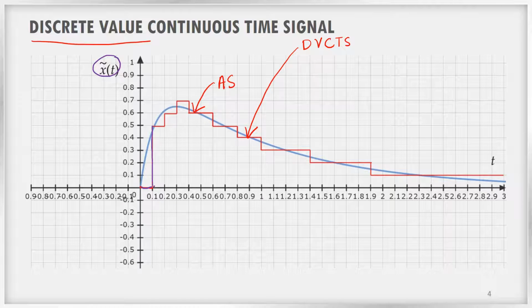For example, after 0 it is taking 0.5. If it has to go up, it can take only 0.6. It cannot take 0.55. No, 0.55 is not permitted. After 0.6, it can take only 0.7. It can then take only 0.6. So there is a restriction in the amplitude values.